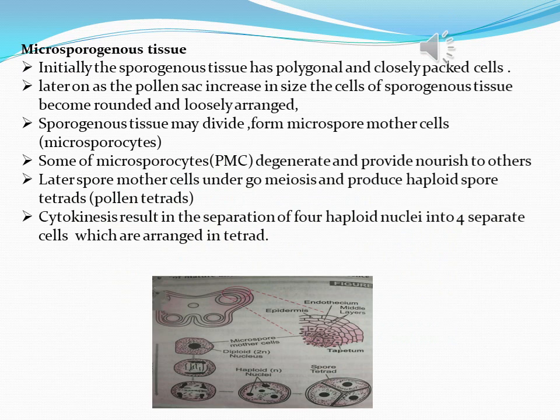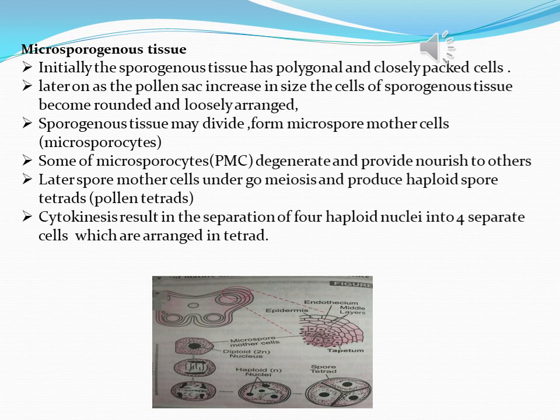In the last slide, we discussed the formation of layers like the endothecium, middle layer, and tapetum. After that, we saw how the sporogenous tissue is formed with the help of archisporial cells. In this slide, we are focusing only on the sporogenous tissues. When the tissue is first formed, it is polygonal in shape and the cells are closely packed.